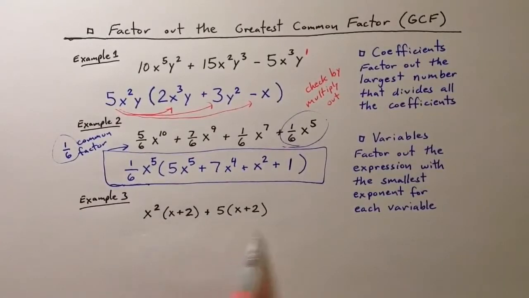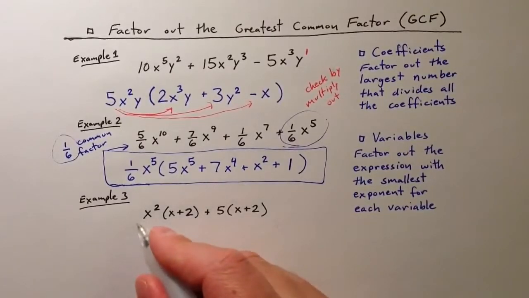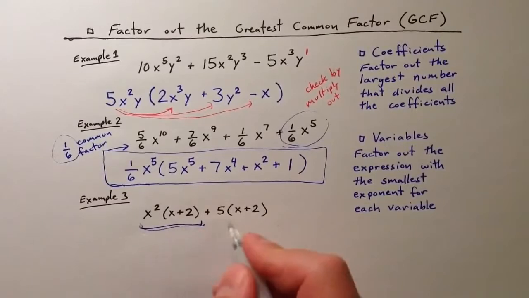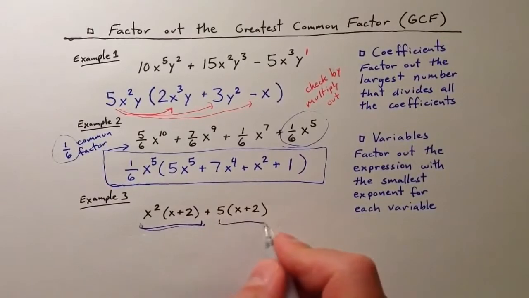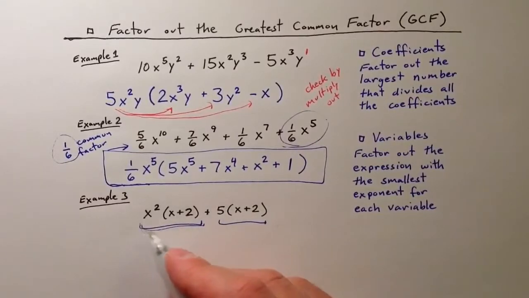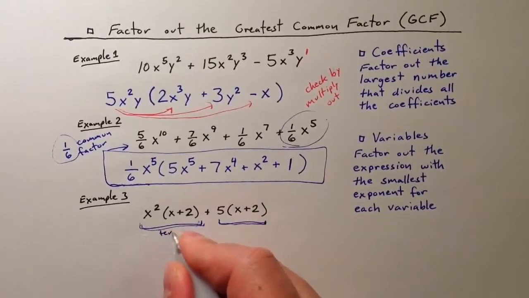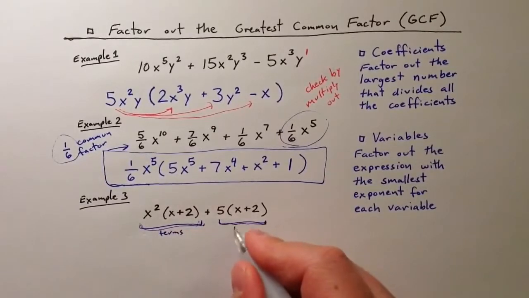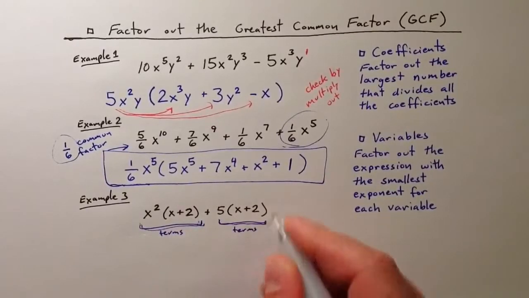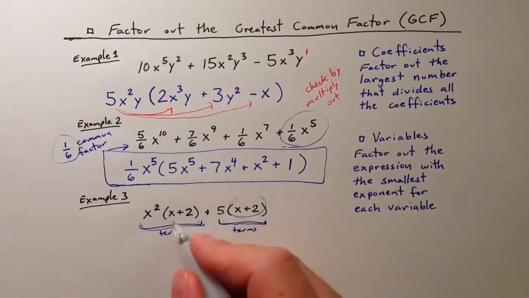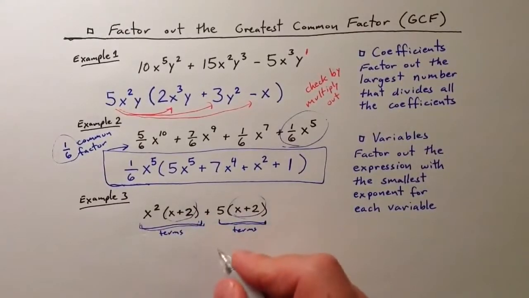In this last example, notice that the common factor is a little bit more complicated. I have x squared times the quantity x plus 2, and then plus 5 times the quantity x plus 2. So we can think of those as separate terms. And the factor that's common between those two terms is the x plus 2. So x plus 2 is the common factor.